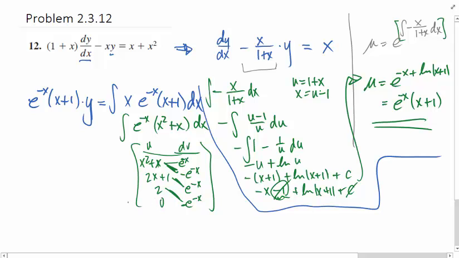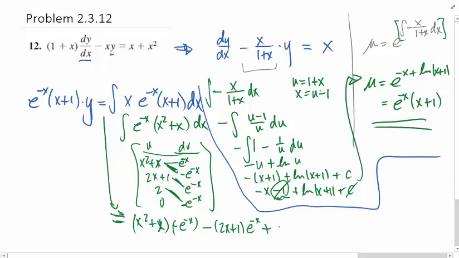I'll go with this, and I'll just say that this antiderivative turns out to be x squared plus x times negative e to the negative x, let's put parentheses there, plus, or this is a minus, and then here we have 2x plus 1 times positive e to the negative x, and then this is a plus, alternating sign.